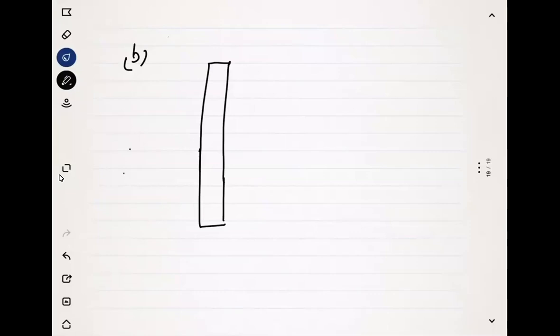You see mg is already perpendicular. The two forces are T and mg.